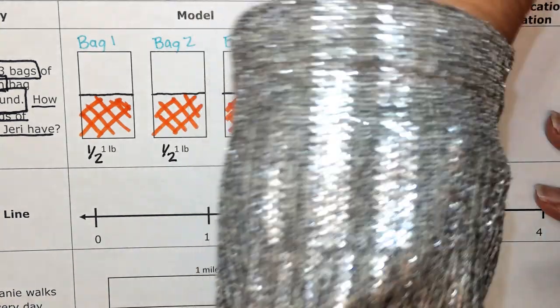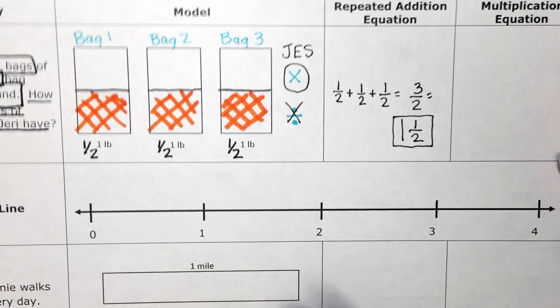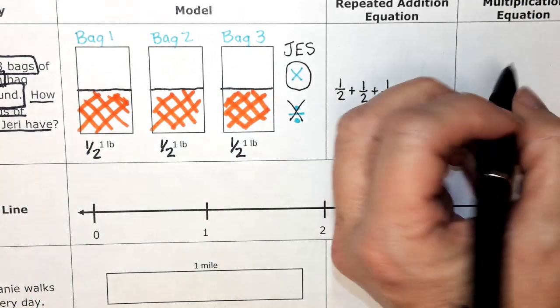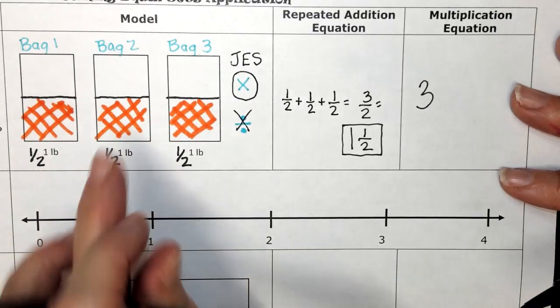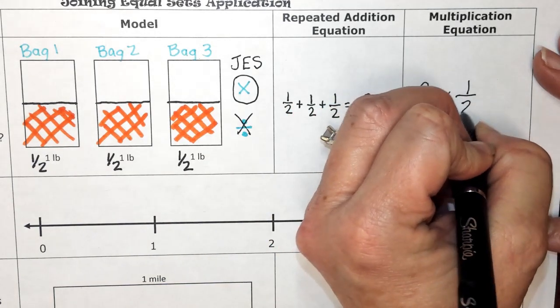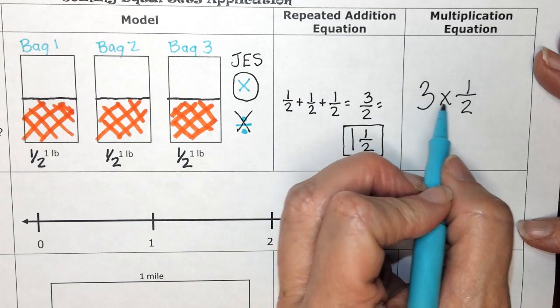Multiplication equation. I'm going to take my pencil and write a multiplication equation. I have 3 bags, so I'm going to write the whole number 3 with 1/2 in each, so I have 3 groups of 1/2. And remember, in the last piece about the Garza family, we said that we want to make this feel more balanced.